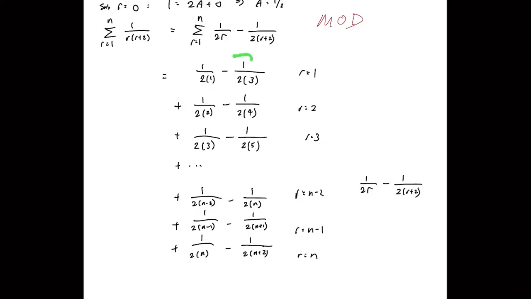So here I see minus 1 over 2 times 3 and positive 1 over 2 times 3. This pair cancels off. So notice that I had to travel a bit of a distance in order to reach the opposite to cancel off. So likewise for the minus 1 over 2 times 4, you also need to travel a bit to the next term in order to cancel off. But eventually they will still cancel off, so it's fine.